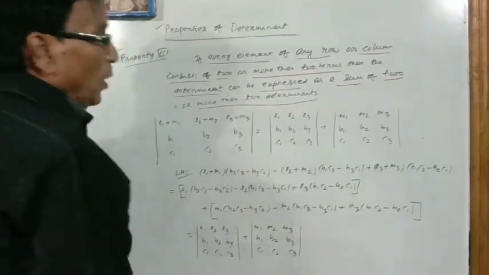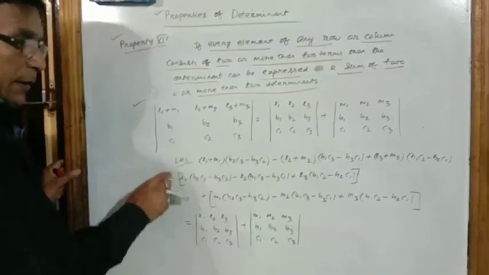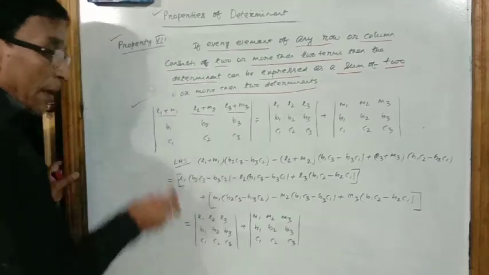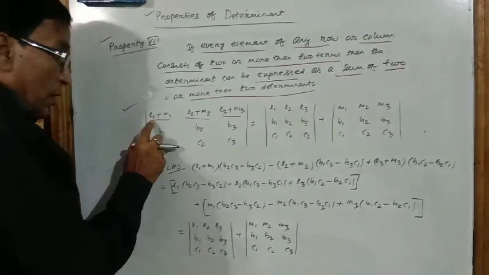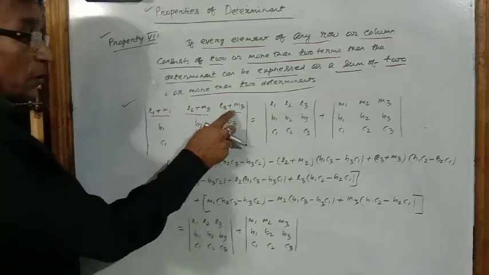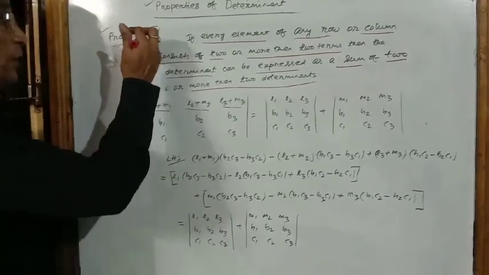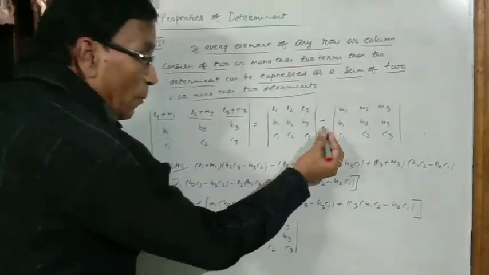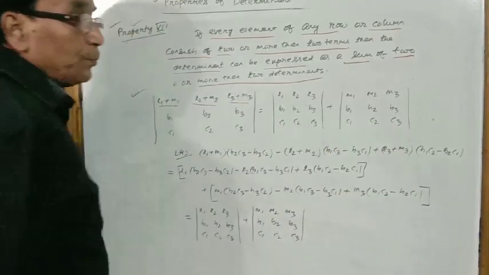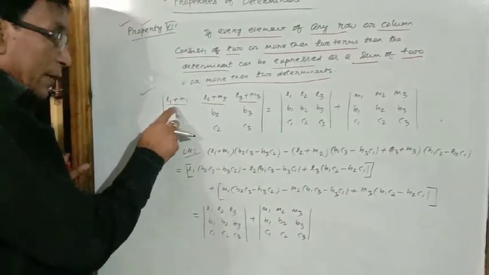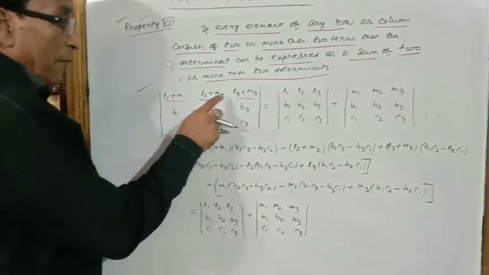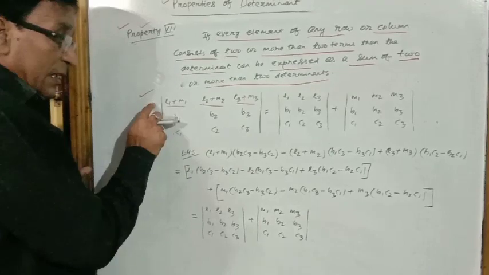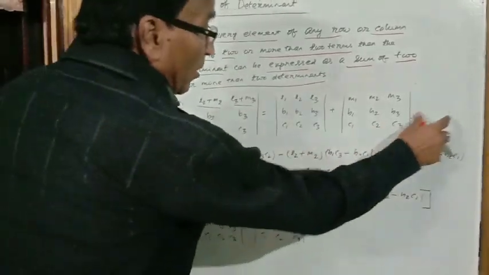Now here we will take a determinant in which every element of the first row consists of 2 terms. So according to this property, this determinant can be expressed as a sum of 2 determinants. If there had been 3 terms in every element of the first row, then we would have expressed that determinant as a sum of 3 determinants.